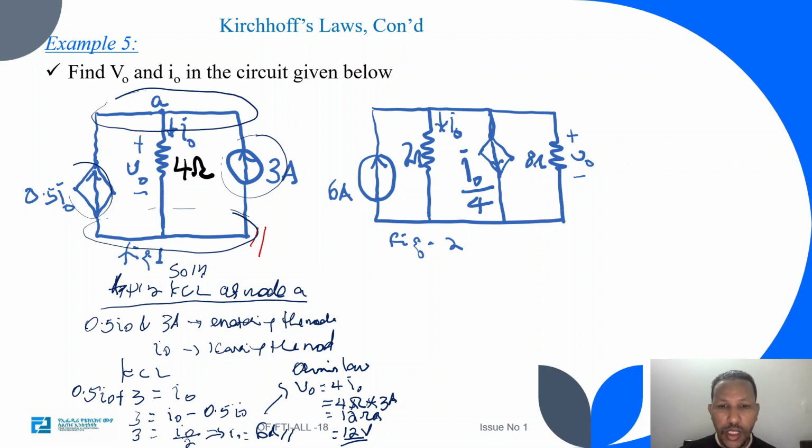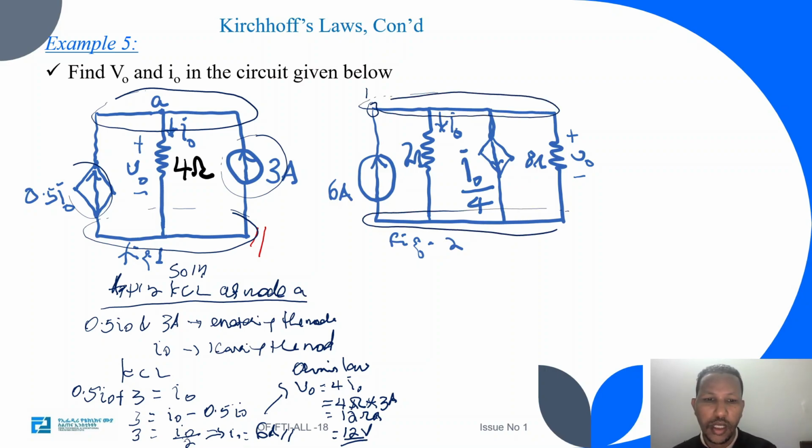For the same kind of problem, circuit 2, a number of elements are connected. As you can see here, this circuit also has two nodes: node 1 and node 2.